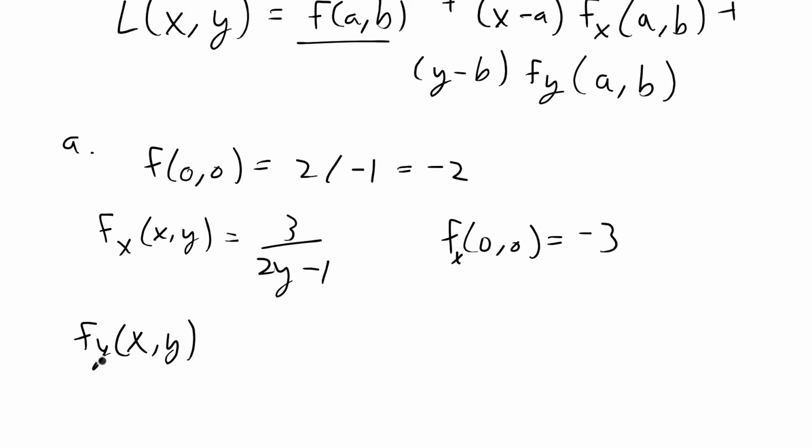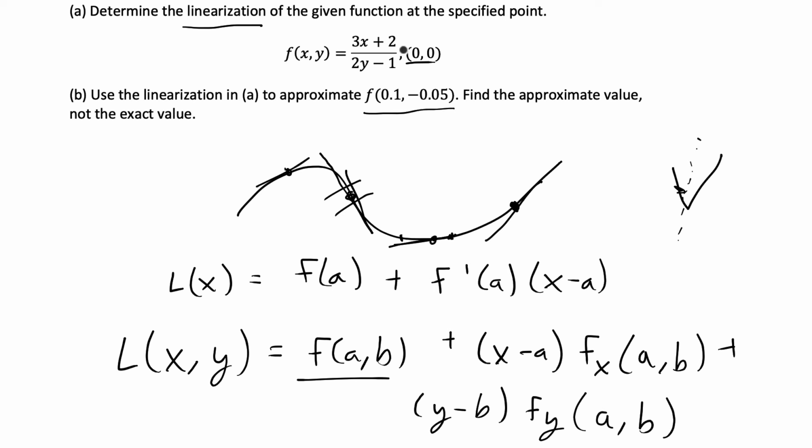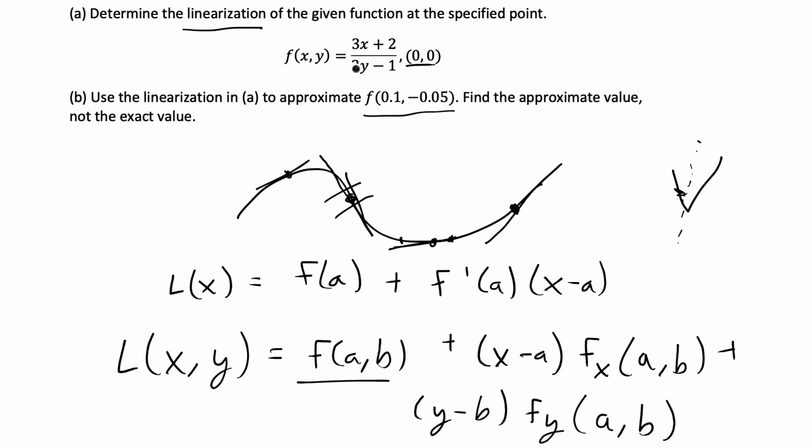Then we want to find the partial derivative with respect to y. That gives us a constant 3x + 2, and (2y - 1) in the denominator, which is equivalent to (2y - 1) to the negative 1. Taking the derivative, that's -1 times (2y - 1) to the negative 2 times 2.